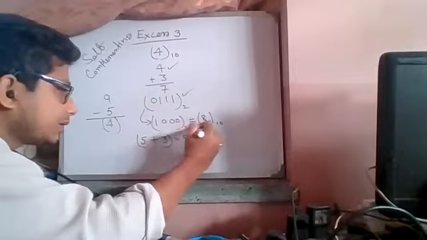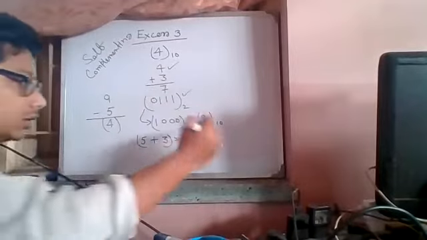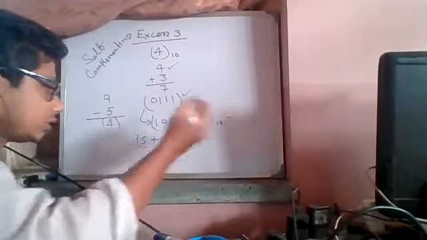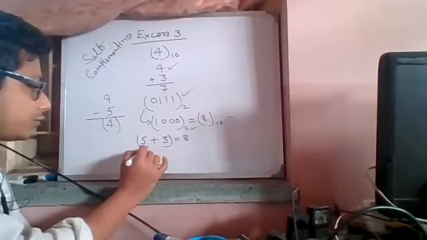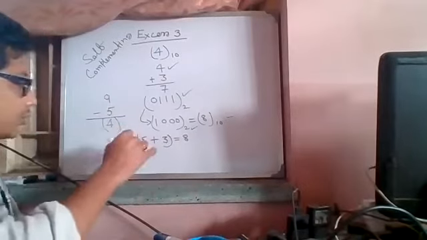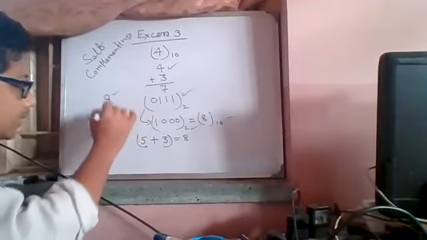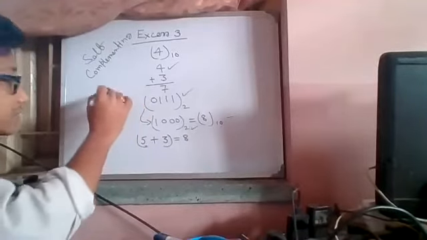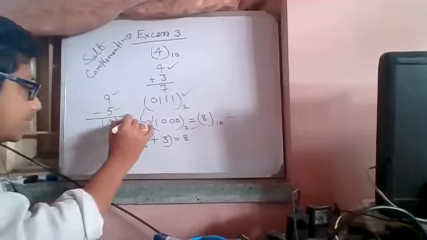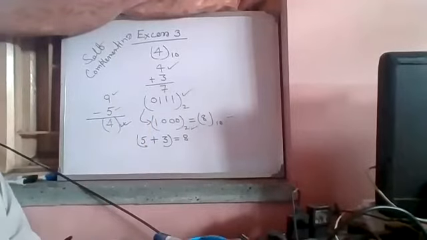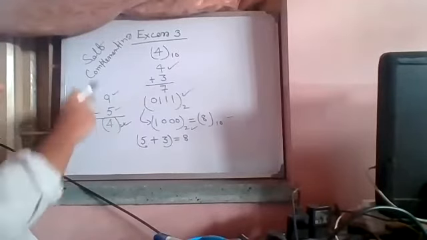I complemented it. Whatever I got is basically the XS3 code of 5. If I perform the 9's complement of 5, then again I get 4. So that is how it is self-complementing.